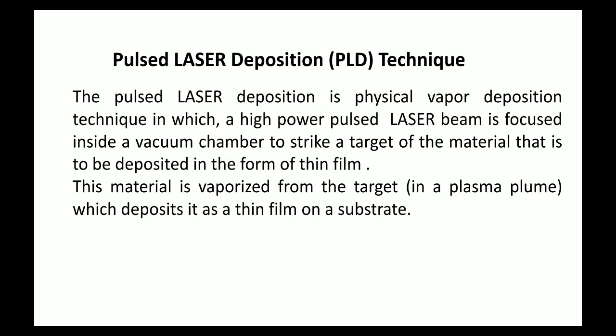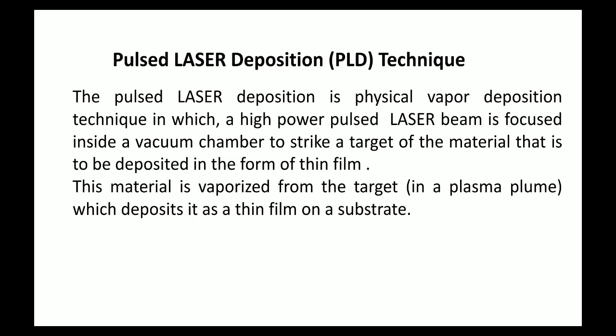Now this material is vaporized from the target. When the laser pulse is incident on the target, because it has very high energy, the target material gets vaporized, and then it gets deposited in the form of a thin film on the substrate.